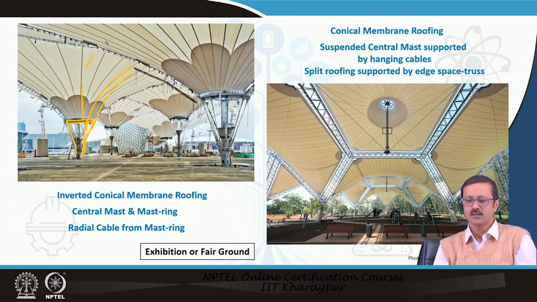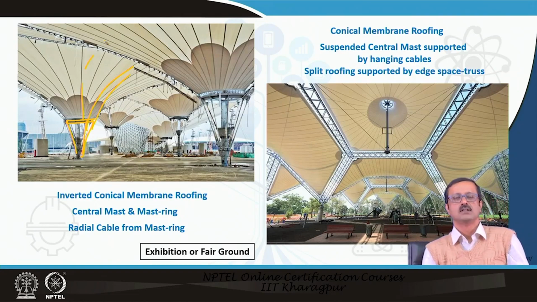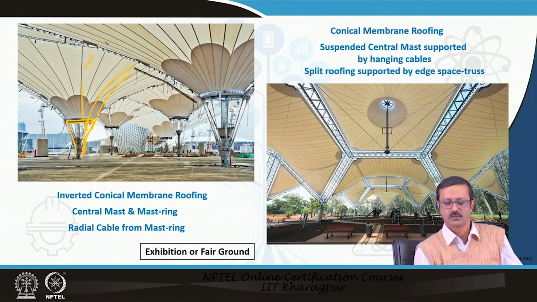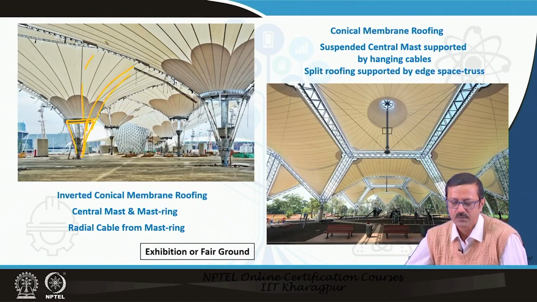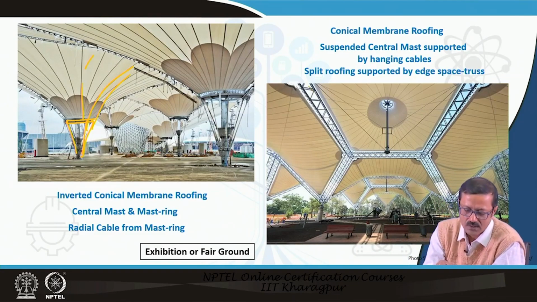Another one is that the same type of design, or the same scale of field or space, can be covered with a membrane structure. But the very interesting thing is that this membrane structure has an edge supported by a triangular truss member at the end.